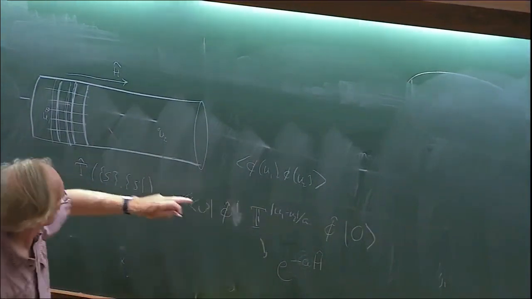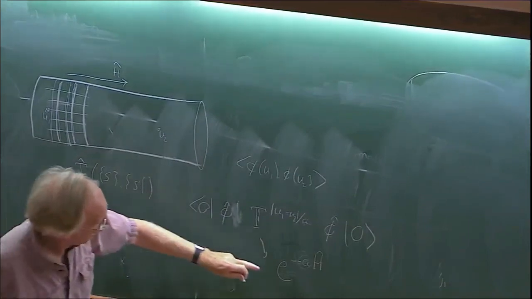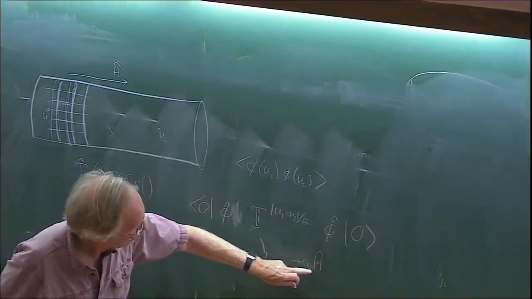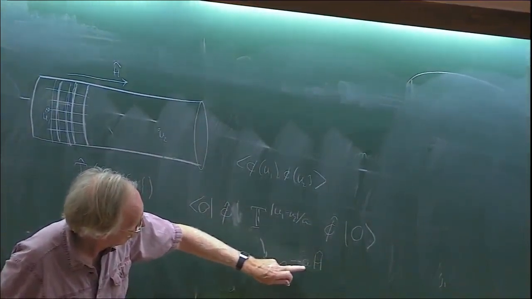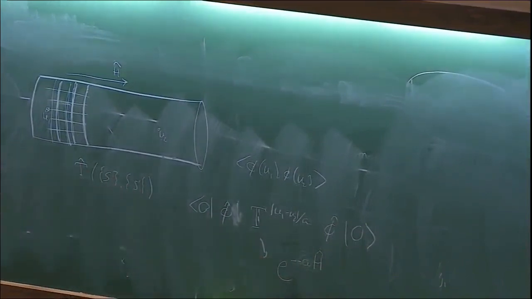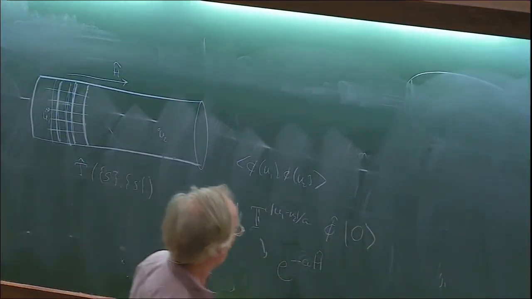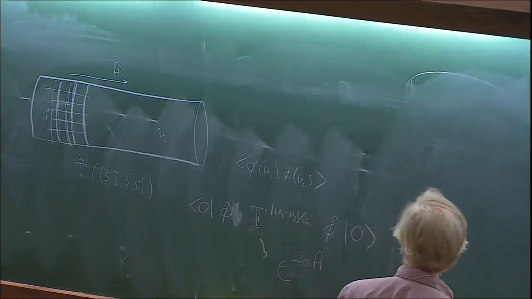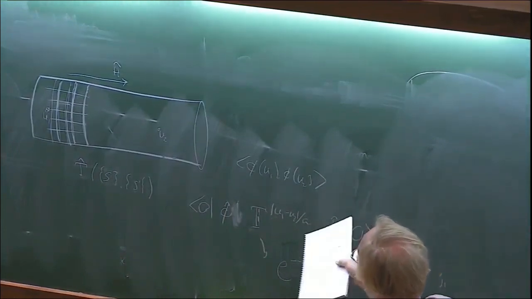So the transfer matrix is the exponential of the time translation operator H over a distance of the order of 1 lattice spacing.